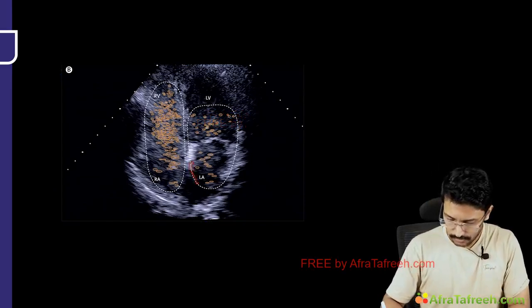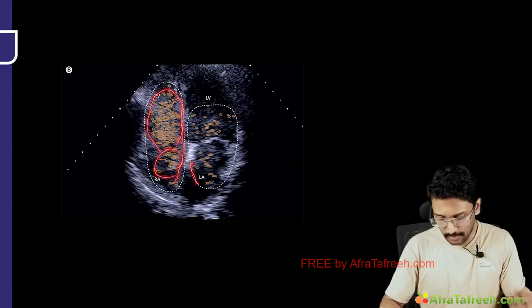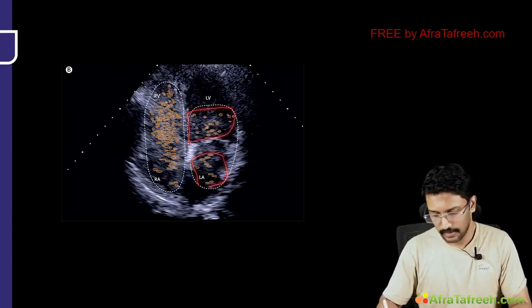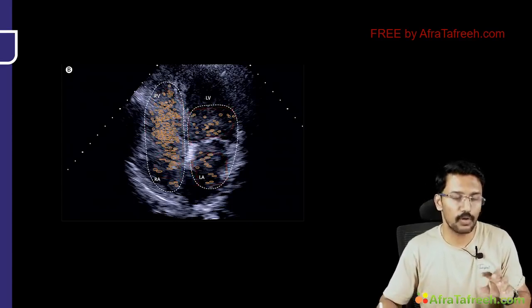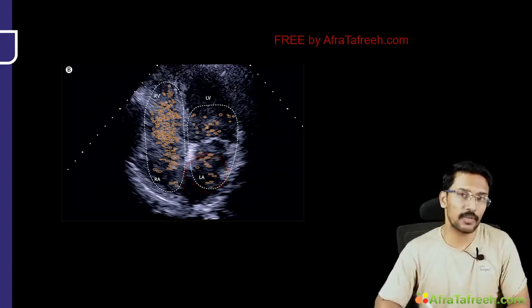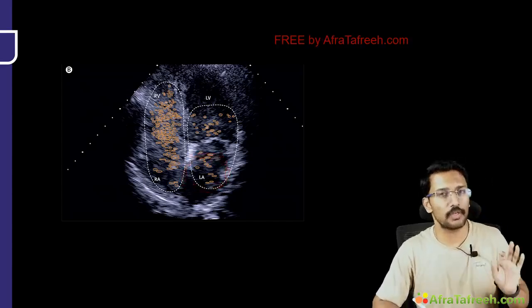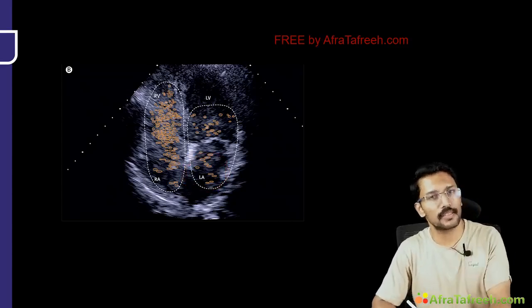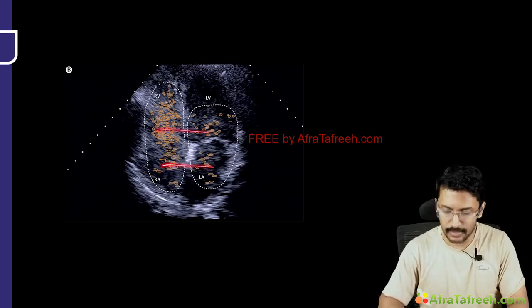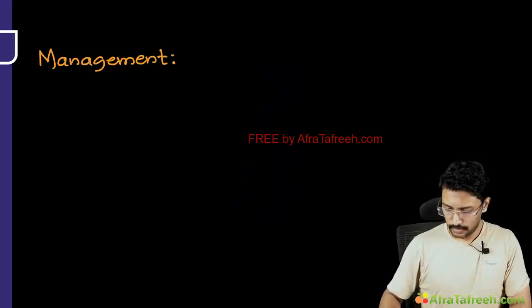Obviously, the right atrium and right ventricle are expected to receive plenty of bubbles, and some of them have made their way into the left side of the heart. Now, how many cardiac cycles it took for the bubbles to be evident in the left atrium is the deciding factor. If it took 4 to 6 cycles, it is suggestive of pulmonary vasodilatation. If it took less than that, it is suggestive of intracardiac shunting. Okay, so the diagnosis is done.